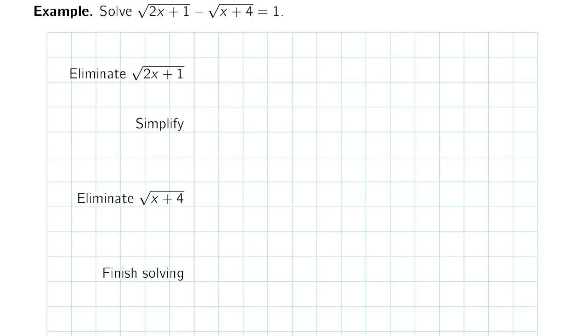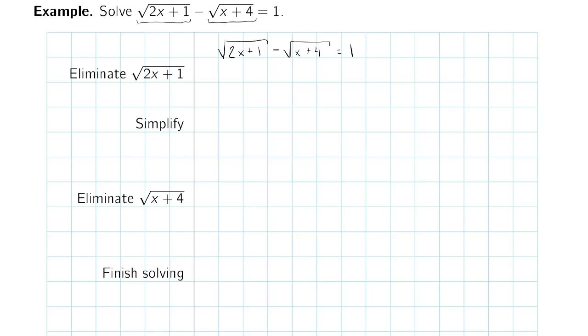So this equation has two radical terms. And the first thing we're going to need to do after we copy this is to arrange things so that one of my radical terms is alone on one side of the equation.